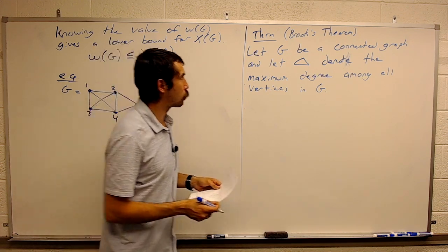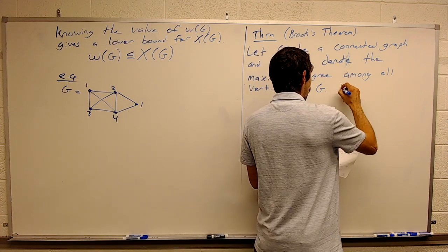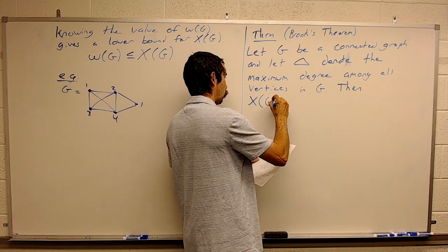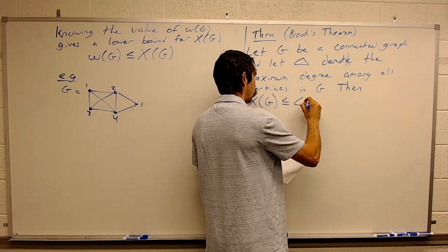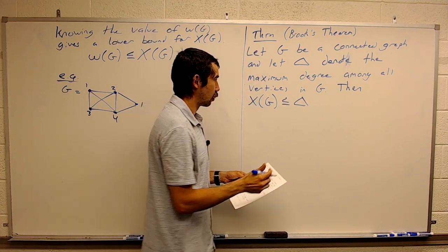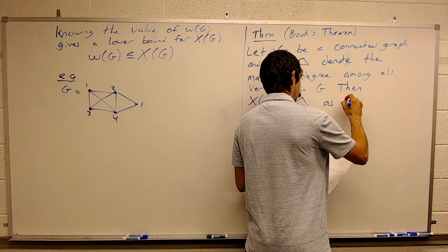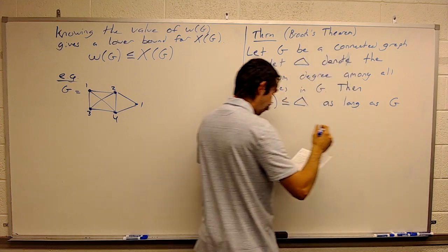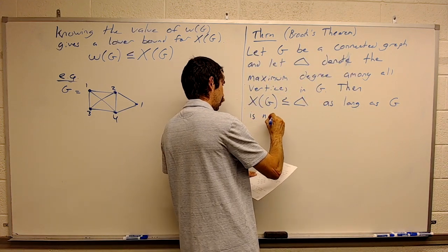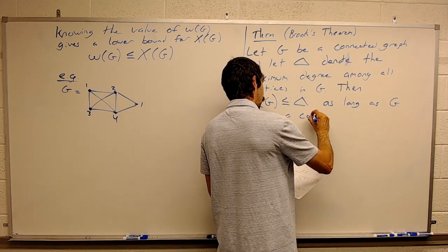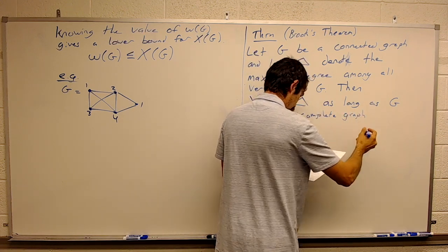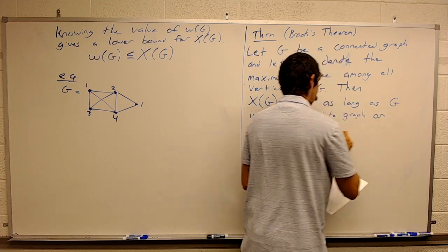All right, what does Brooks' theorem state? It says then the chromatic number of our graph is less than or equal to delta as long as G is not a complete graph or an odd cycle.